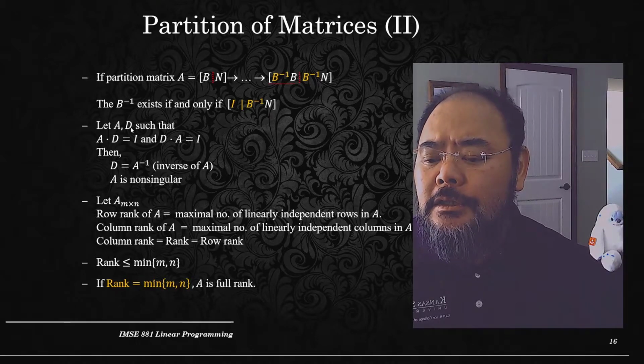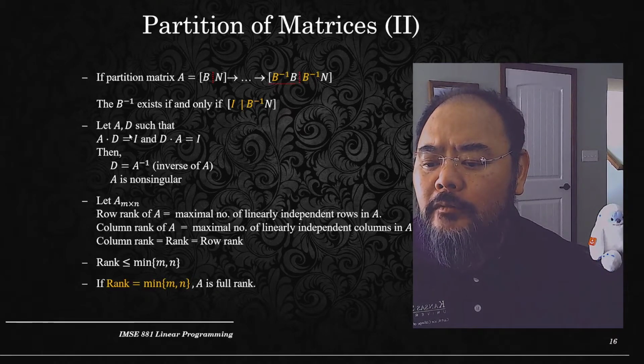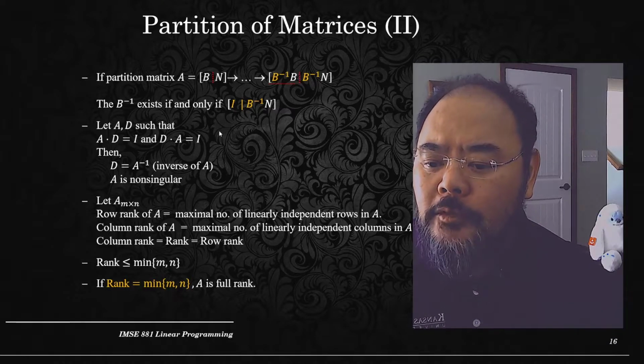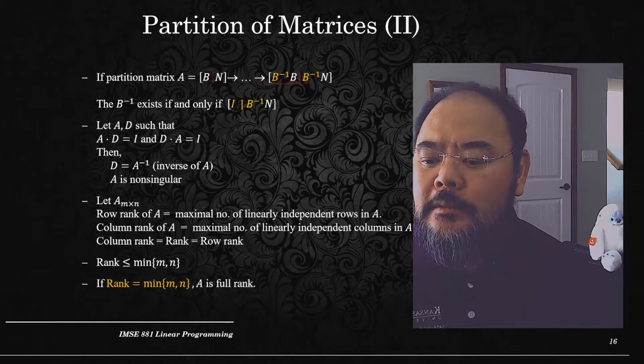For matrices A and D, if we can find A times D equals the identity matrix, and also D times A equals the identity matrix, which means A and D are both square matrices, where the number of rows equals the number of columns, then we define the D matrix as the inverse of the A matrix.